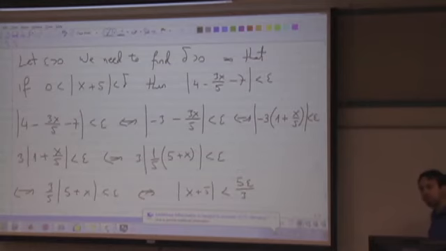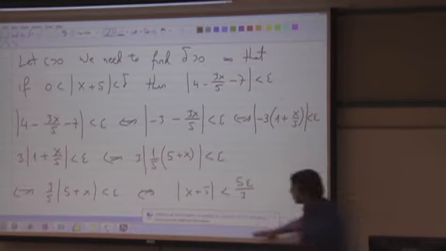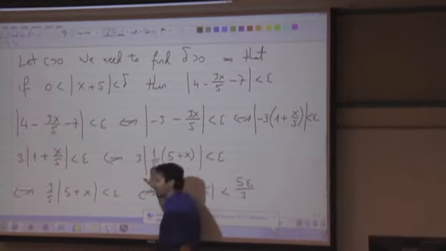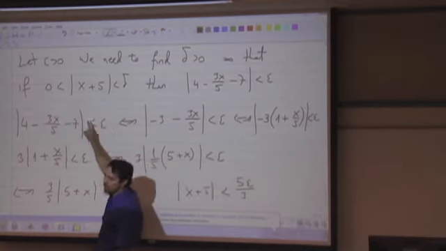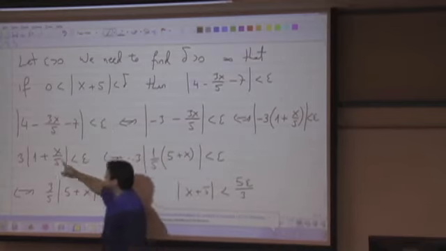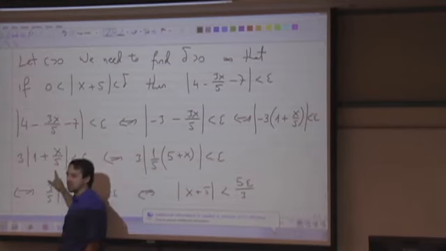Is it okay? Yes. How'd you get there? X plus 5, from here to here? Again, the key idea is x plus 5. That's my ultimate goal. I have 1 plus x over 5. I don't have x plus 5. But I can notice that if I take out a 1/5, I'll end up with x plus 5.